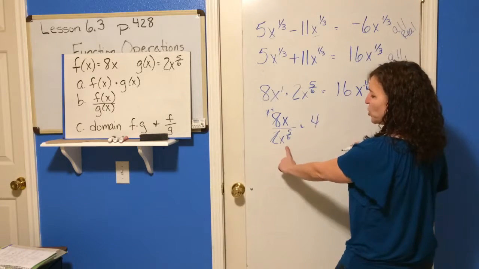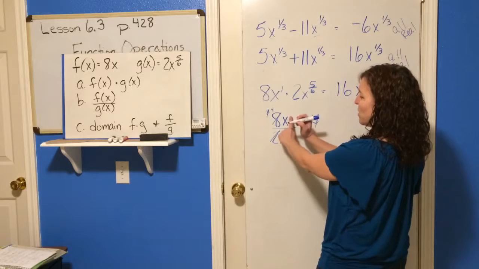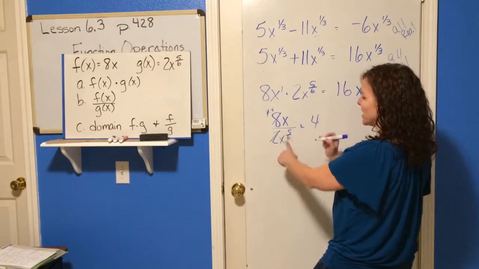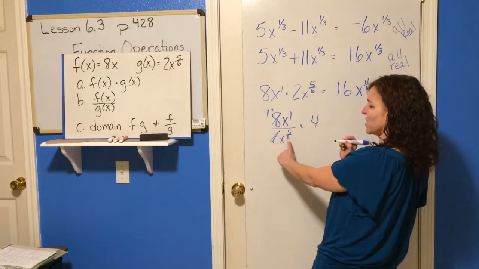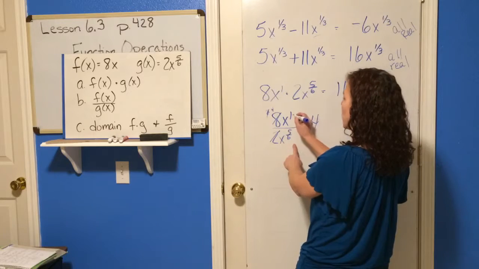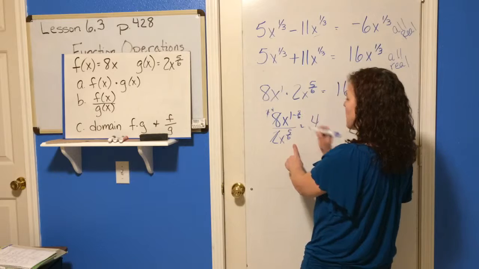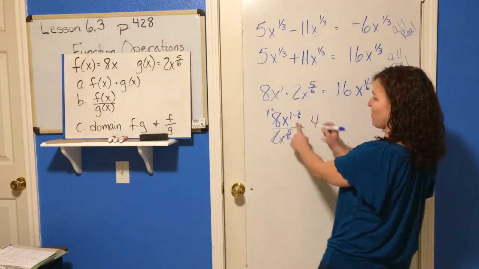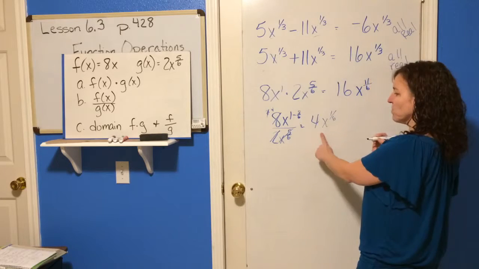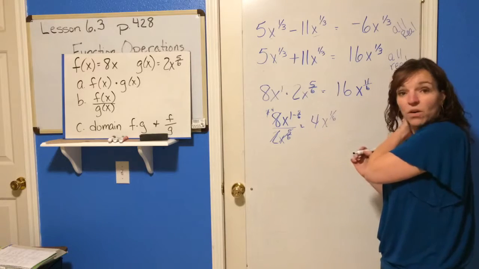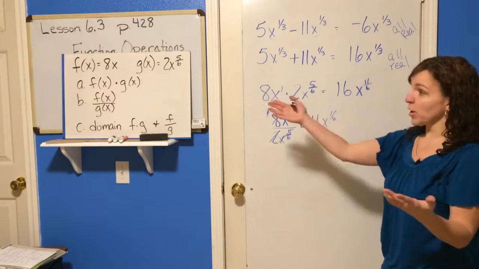And then this is 5/6 on the bottom and 1 on top. So what I would do in this case is bring this up, and this is a 1 already, and this is 5/6 in the bottom, so it's going to be 1 minus 5/6. So brought that back up, and so now this is x to the 1/6 power. So 4x to the 1/6 power is your final answer for letter B here.